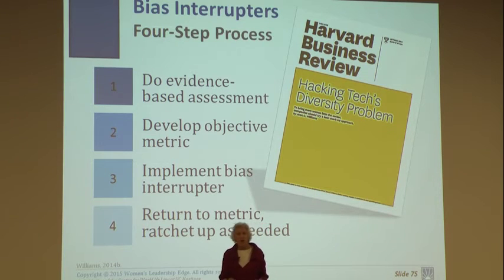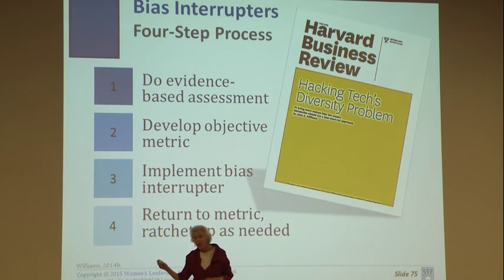It's basically 4 steps. If you think there's a problem, do what I did. Just recite the findings of the social psychologists and say, hey, any of that going on here? And develop a hypothesis. But then, of course, the women may be wrong. So you need to develop an objective metric to measure to see whether what they think is happening is actually happening.